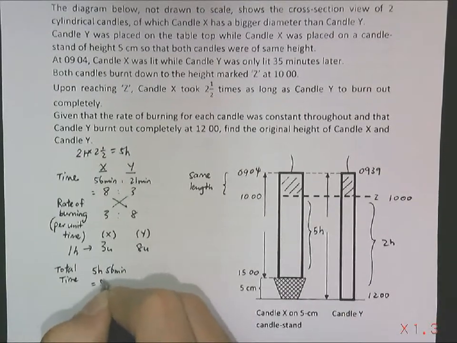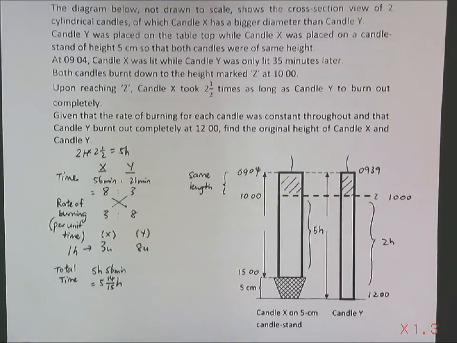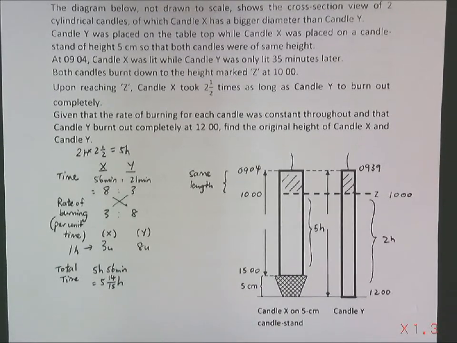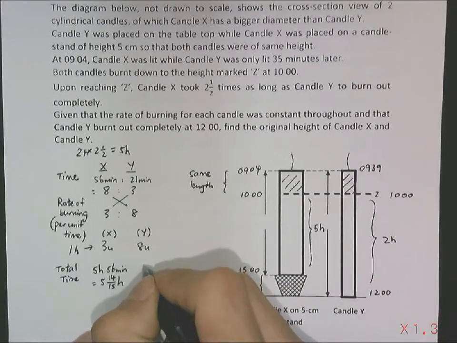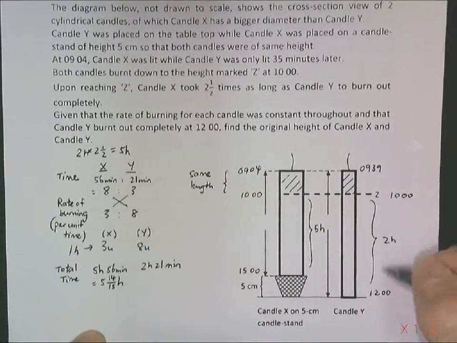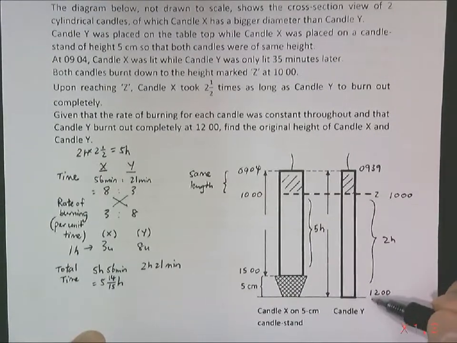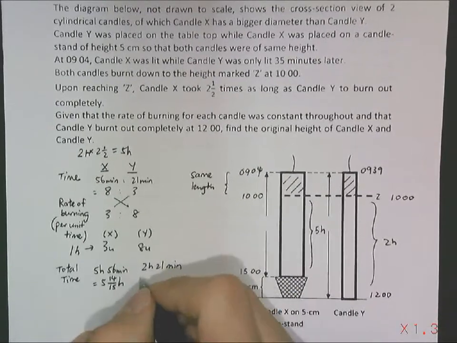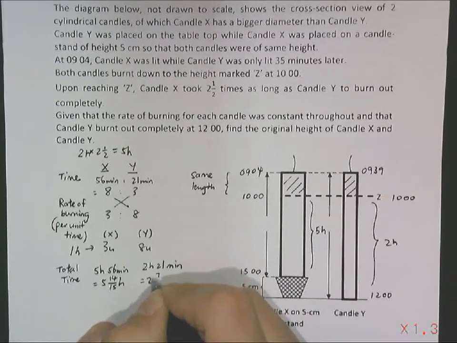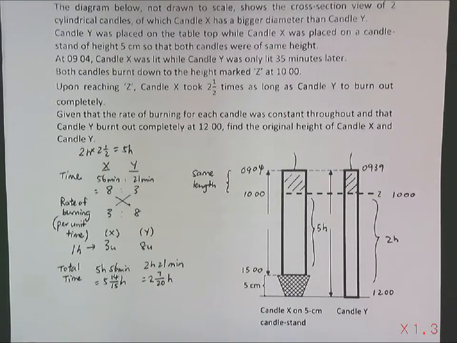You can write it in simplest form: 5 and 14 over 15 hours. The total time for candle Y would be 2 hours and 21 minutes, as given in the diagram here. Simplified, 21 minutes to point Z, so from Z to the end, 2 hours, 21 minutes. Simplify as well: 2 and 7 over 20 hours.